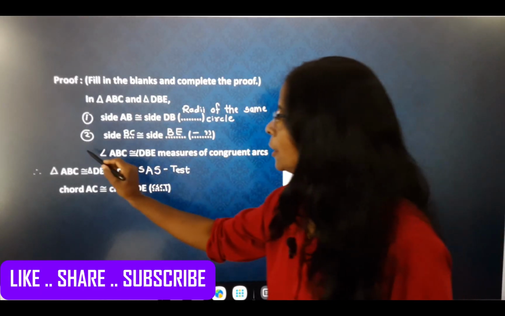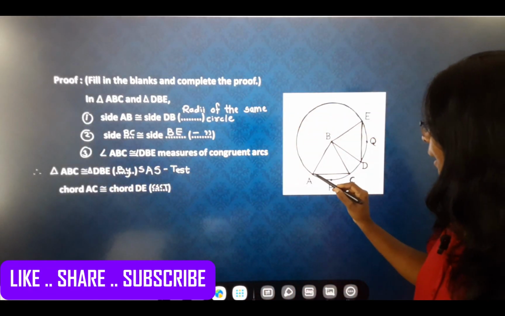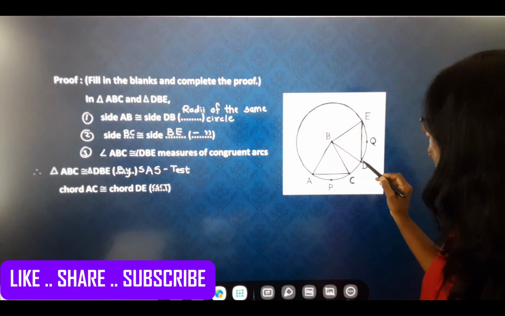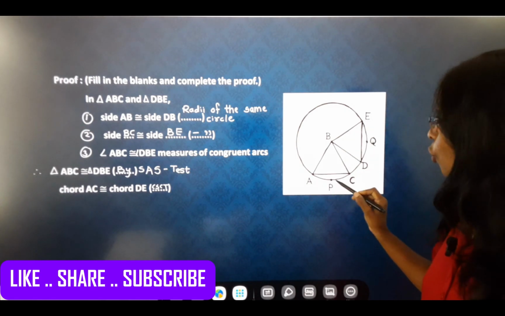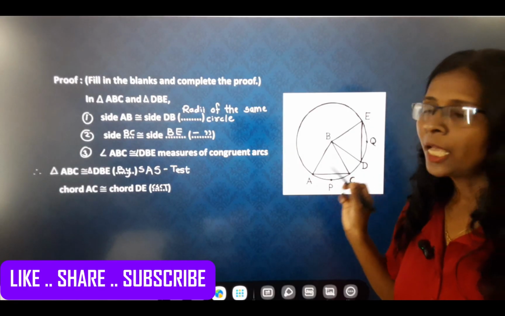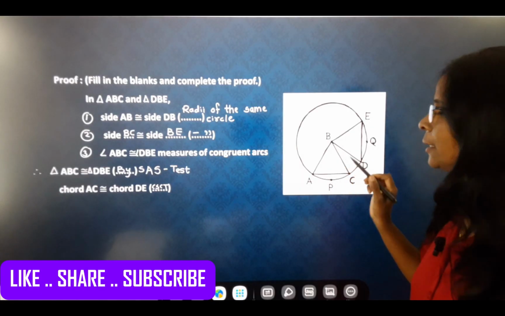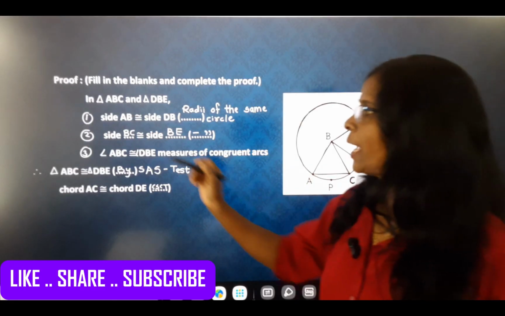Now the third point: angle ABC is congruent to angle DBE because the chords are congruent, which is the given, and so the central angles, their corresponding angles, are equal. So now here we have the 3 points.